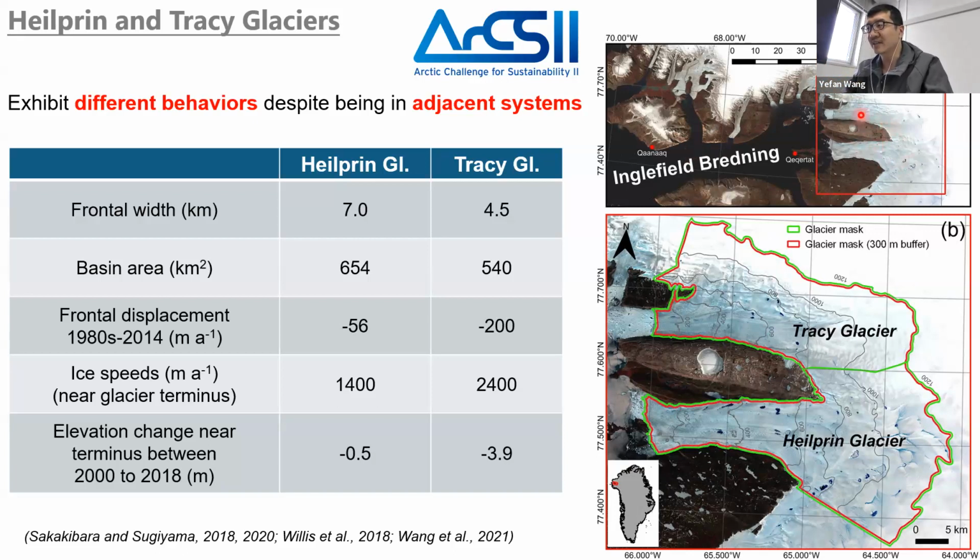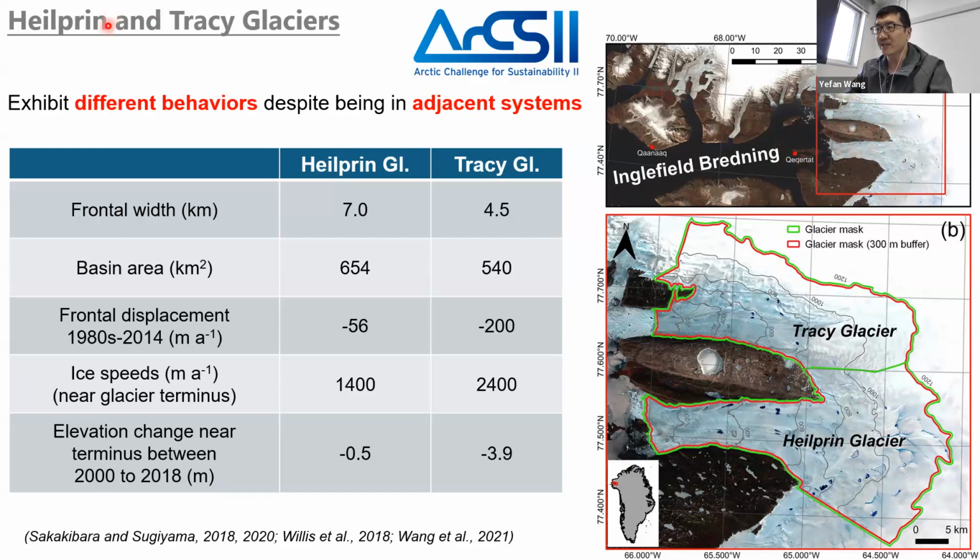These two glaciers are the largest in this region. Actually, they are the principal source of freshwater discharge in this area, because there are some villages and hundreds of people living there. So in some ways, the two glaciers are important to the local people. So I chose these two glaciers.